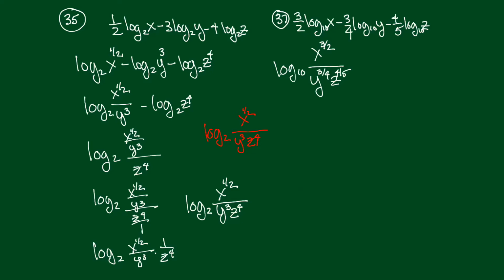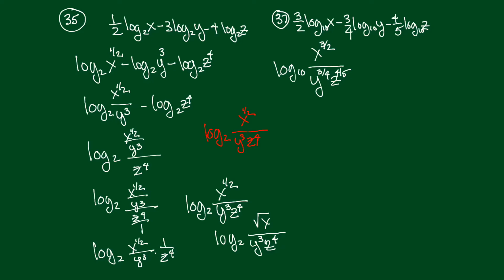Now for both of these, 35 and 37, I could do something else. Sometimes when you see these fractional exponents, like down here at the bottom left, and up here in 37, sometimes you might want to write those with radicals instead. So for 35, I'm going to get rid of the 1/2 and write it as a square root. So I could write this as log base 2 of, fraction bar, square root of x over y cubed z to the 4th.